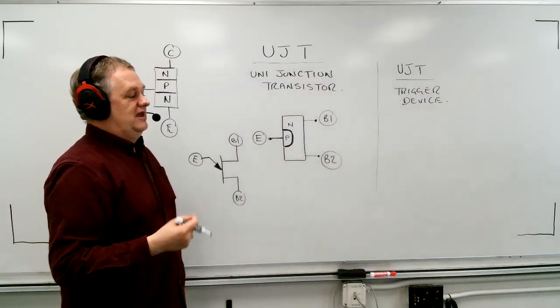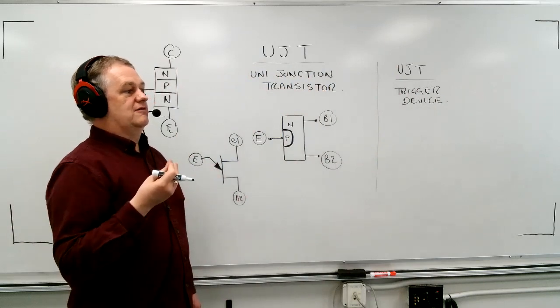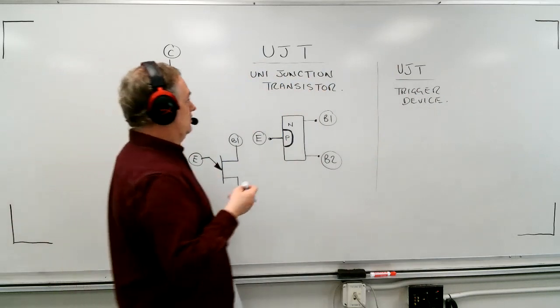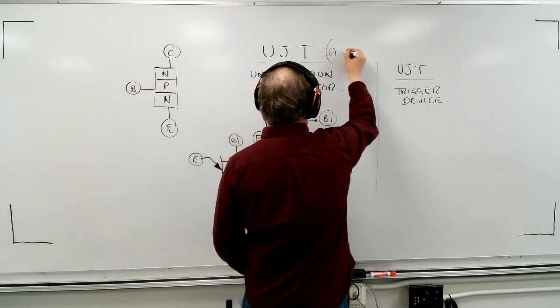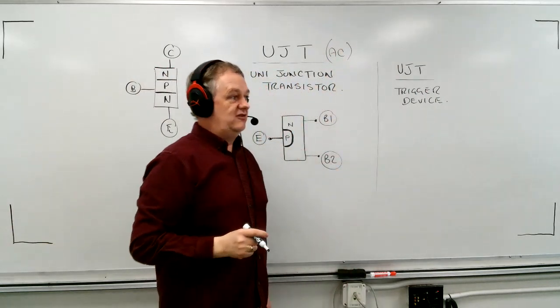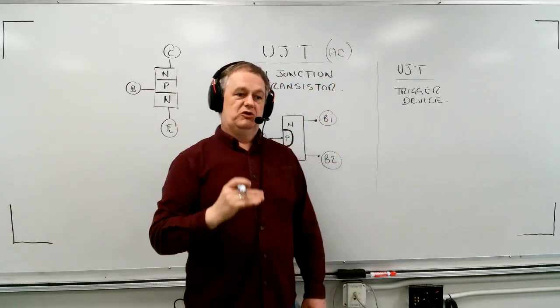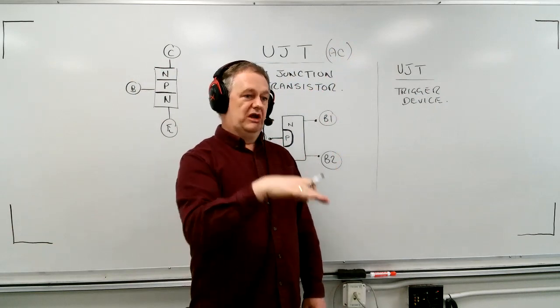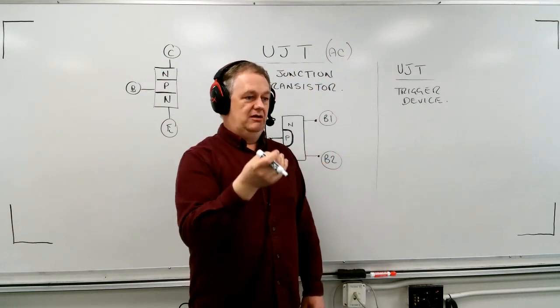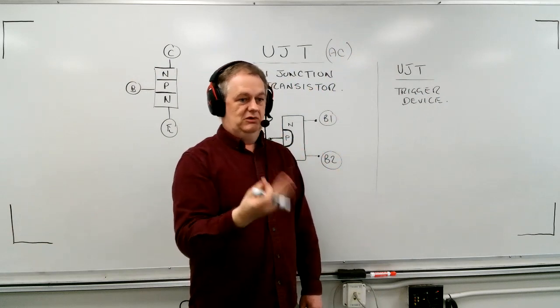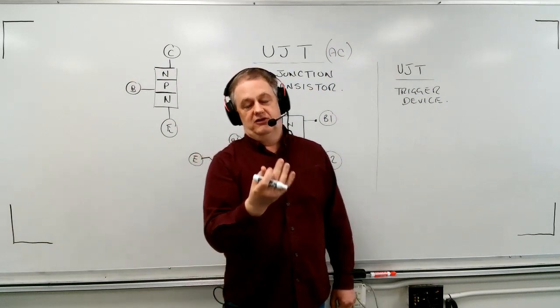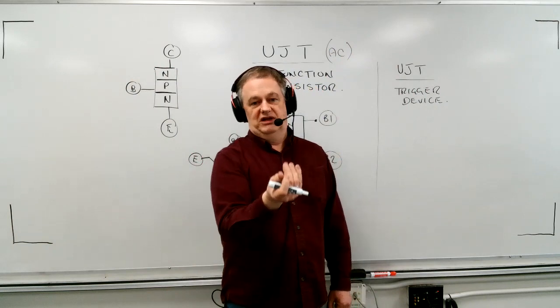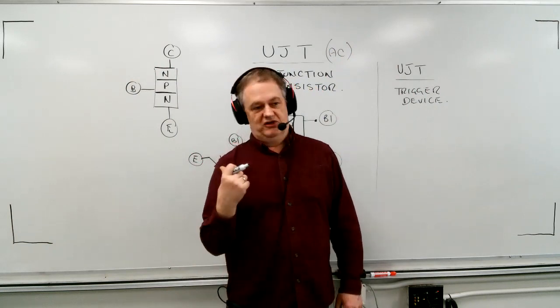In other words, it will build up to a breakover voltage in one direction. It's used in AC, works in an AC circuit. It will build up to a certain voltage and then break over and allow current. Then when the voltage drops, it closes. Then as the AC reverses, it's going to build up voltage and start to conduct in the opposite direction.